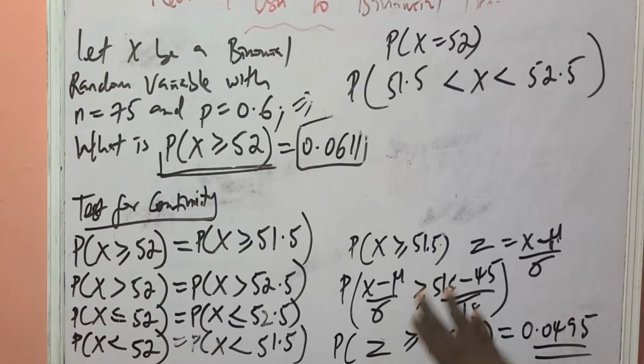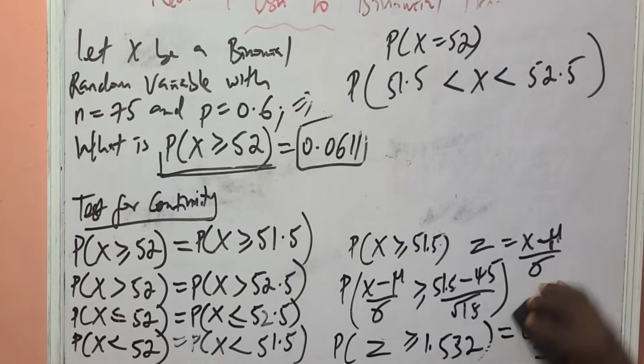So you can go on to solve this now. When we use 51.5, you'll be getting 1.532. Can you go on now to solve this using your table again?